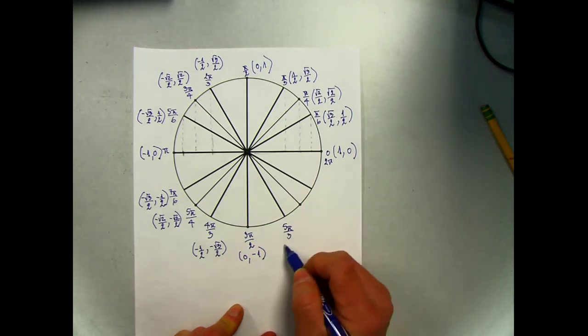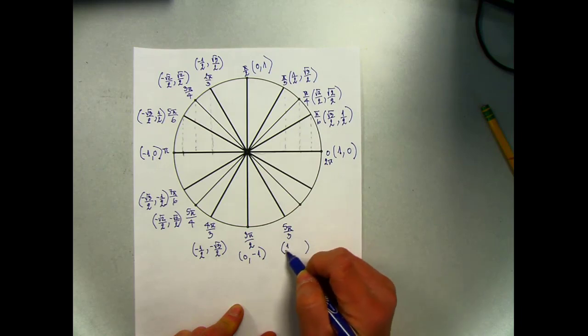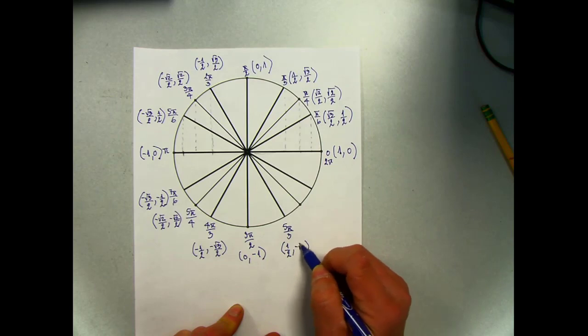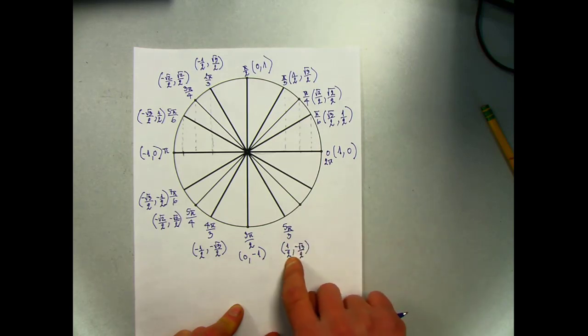Very good. So, cosine and sine. 1/2 for cosine. I agree. And what about the sine value? Negative square root of 3 over 2. That's the sine value. That's the cosine value, right?